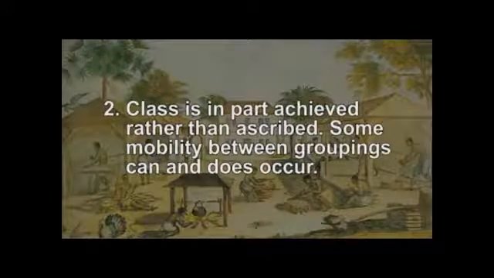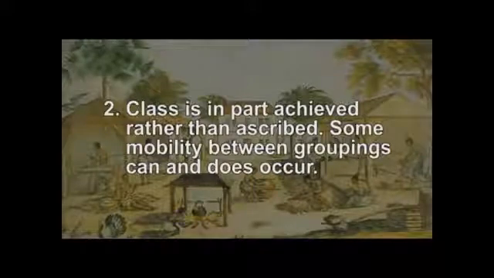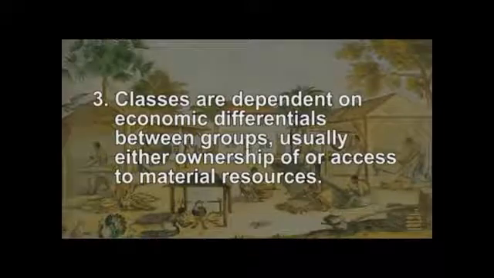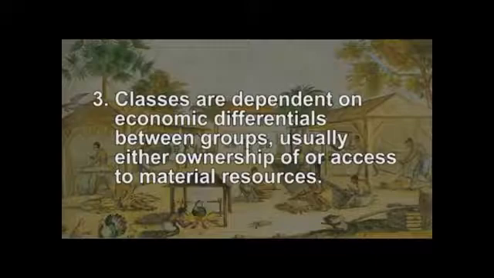Number two, class is in part achieved rather than ascribed. Some mobility between groupings can and does occur. Number three, classes are dependent on economic differentials between groups, usually either ownership of or access to material resources.